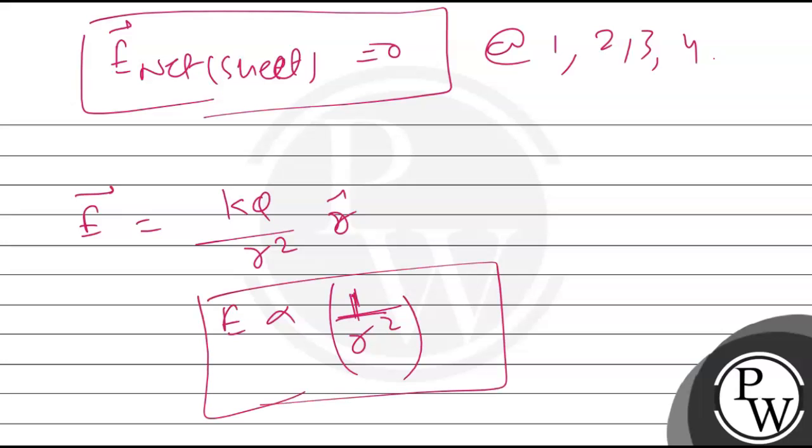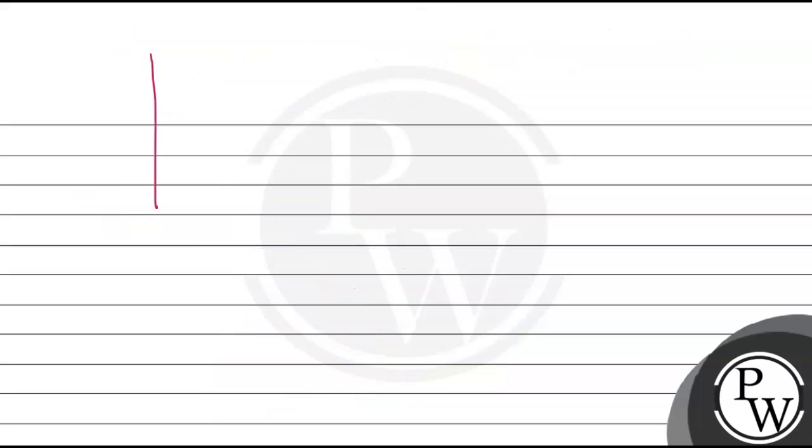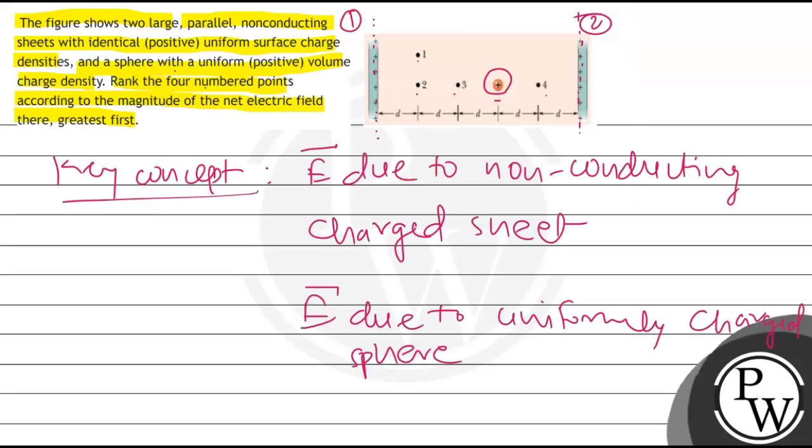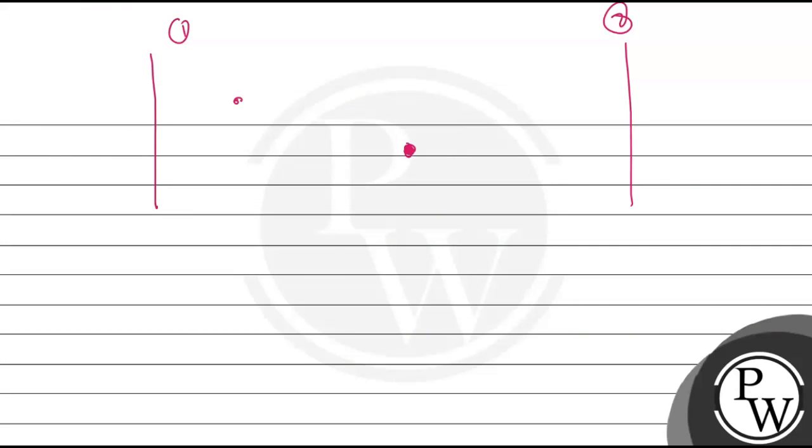Now let us locate the points given in the question. This is sheet 1, this is sheet 2. This is the charge in the form of a sphere. Now locate point 1, point 2, point 3, point 4. This is point 1, this is point 2, this one is 3 and this one is 4. The distance between the sphere and point 4 is d. Similarly, between point 3 and the sphere is d.